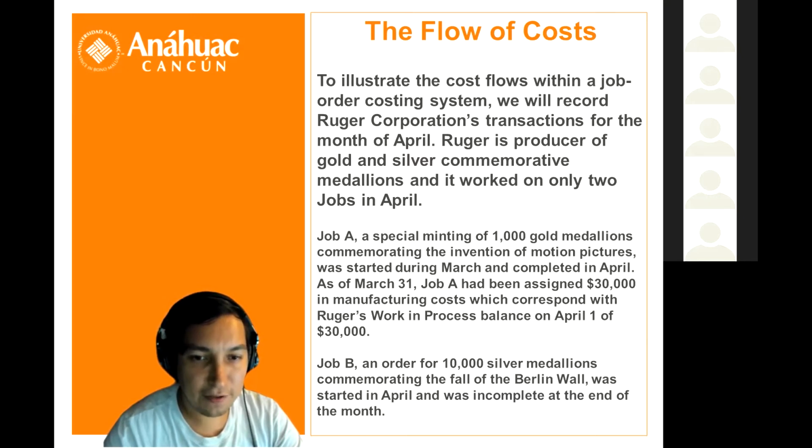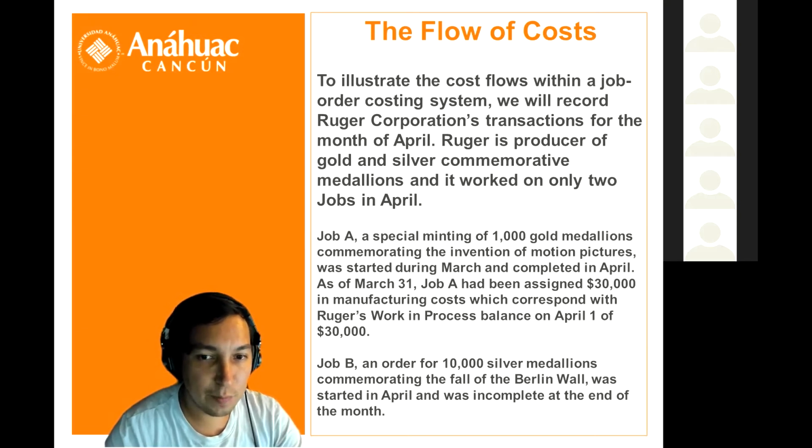As of March 31st, job A has been assigned 30,000 in manufacturing costs, which corresponds with Ruger's WIP, work in process, balance on April 1st of 30,000. All of which belongs to job A, okay?